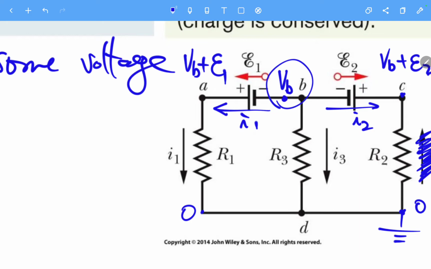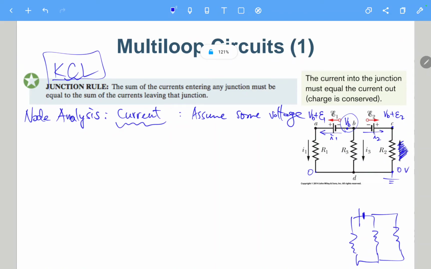So across this resistor, we already know the voltage at node A and also at this node D, which means that I1 is nothing but VB plus E1 minus 0, and then over R1. This is I1, and then plus I2 plus I3 is 0.